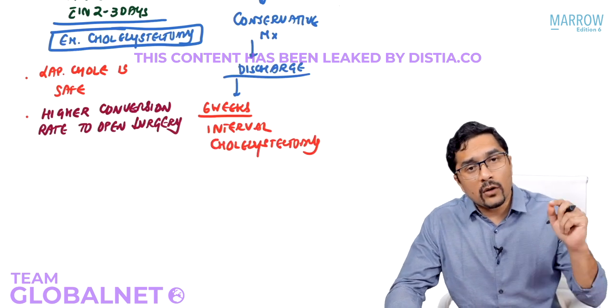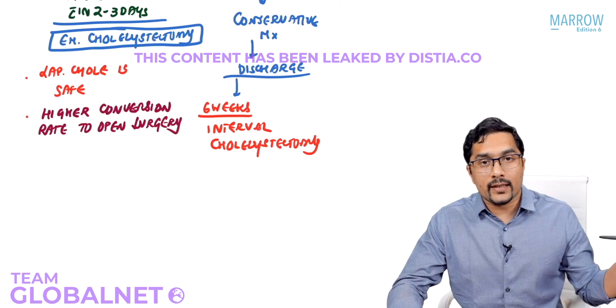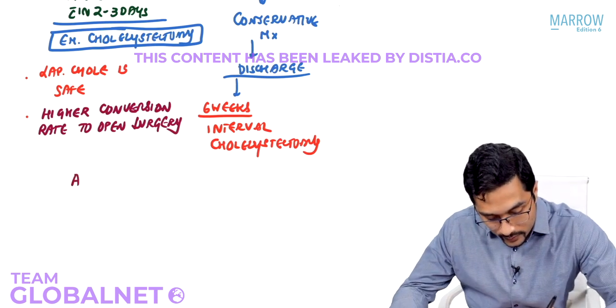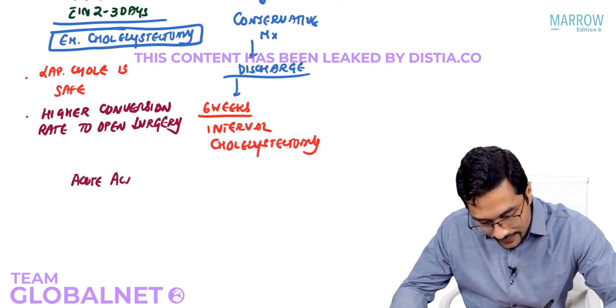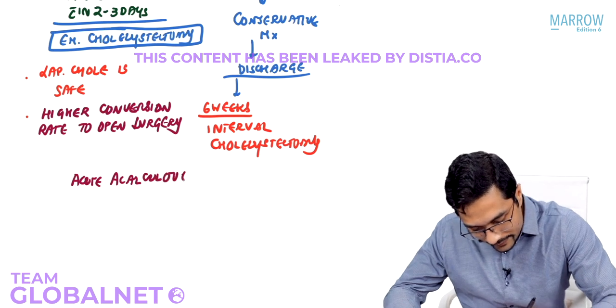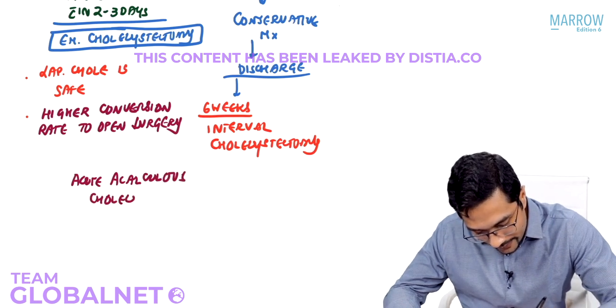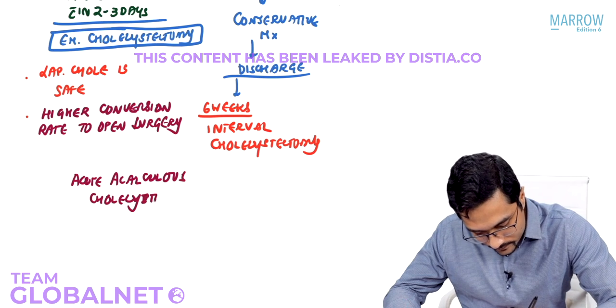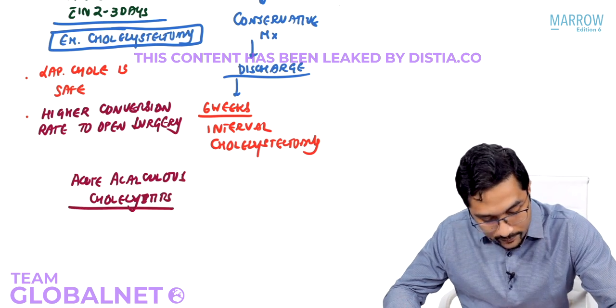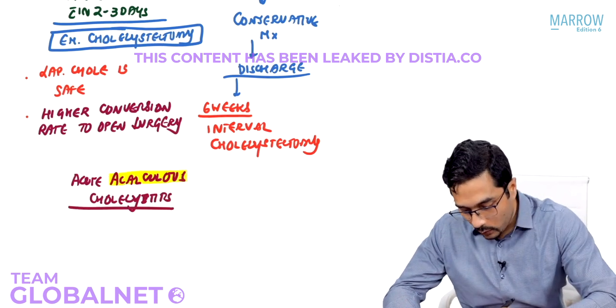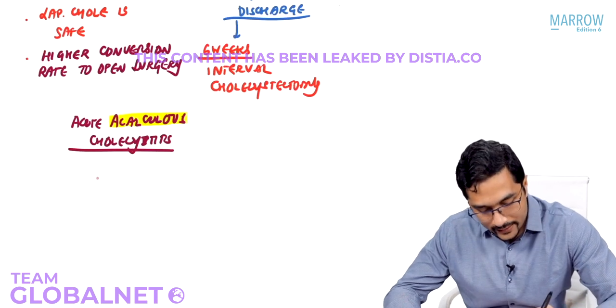And we were talking about acute calculous cholecystitis. There is another entity known as acute acalculous cholecystitis. And this has also been asked in the exam, acute acalculous cholecystitis. That means there won't be any stone there. And what are the risk factors for acute acalculous cholecystitis?